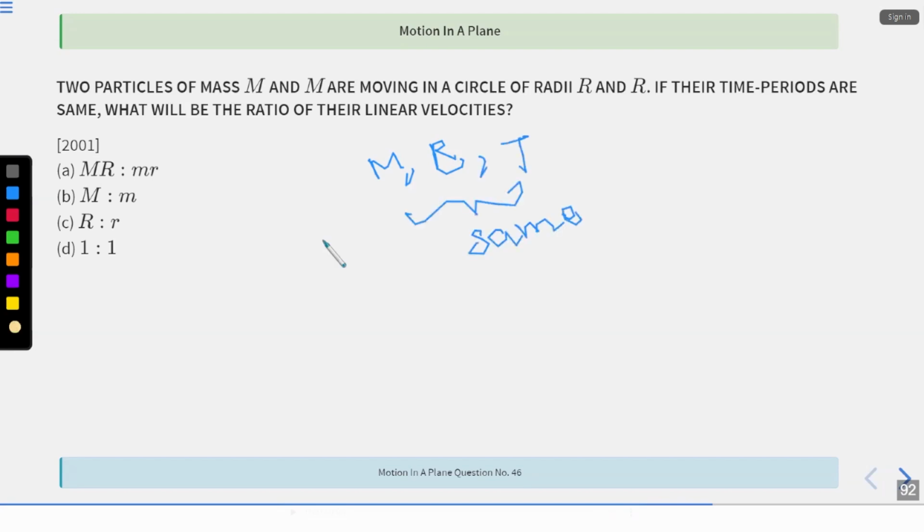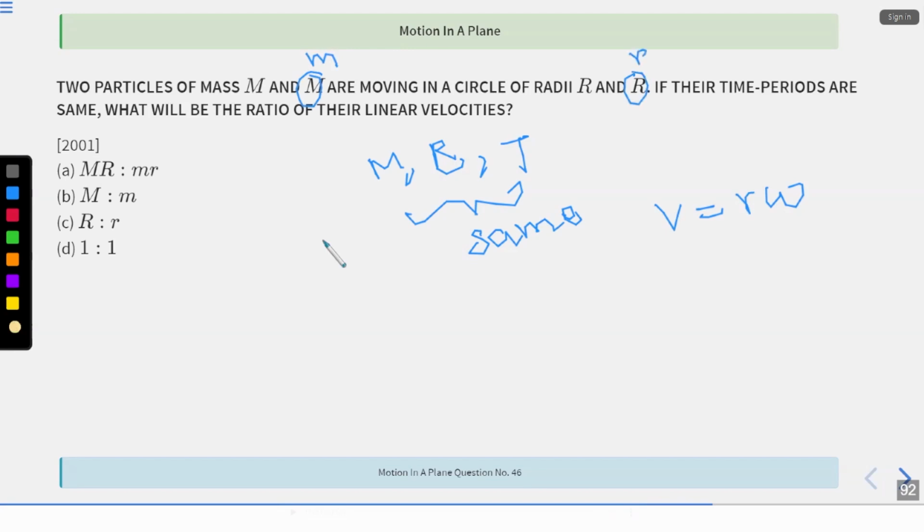What will be the ratio of their linear velocities? Directly, we know that V is equal to R omega. I think there is a print mistake; this has to be small m and small r.